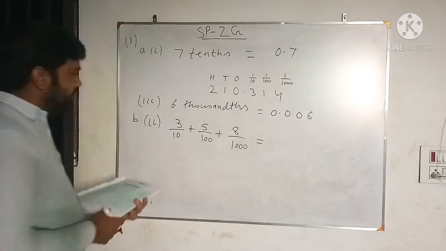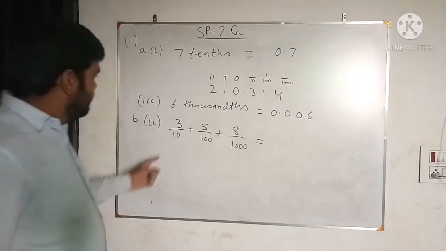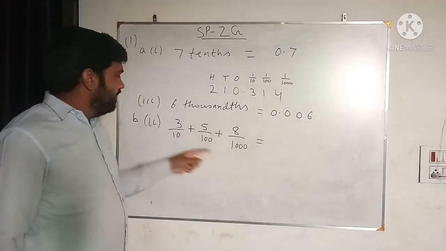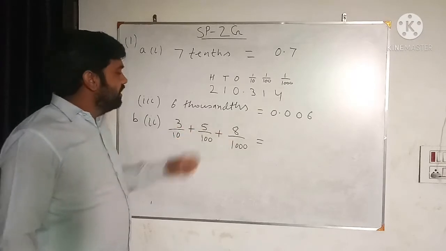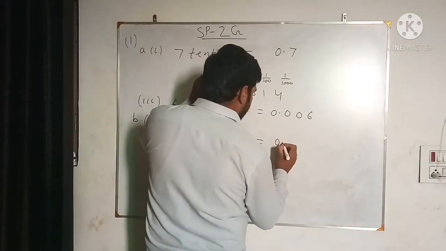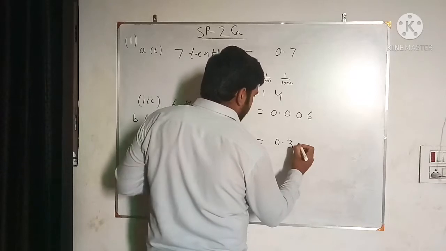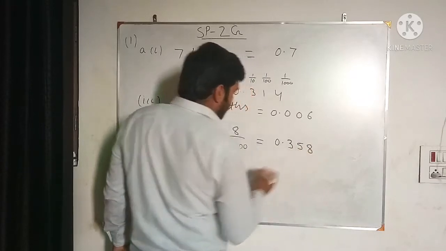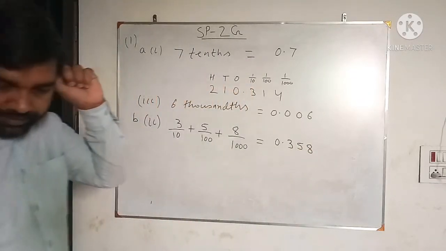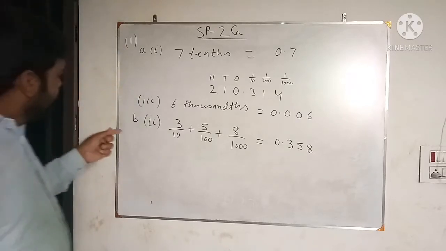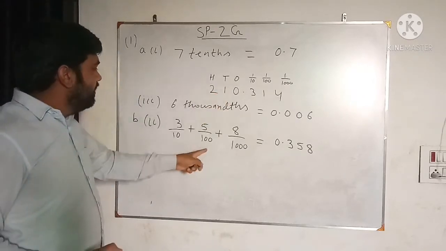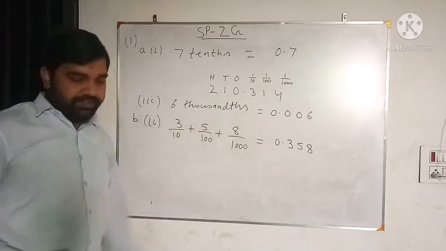So how can we write this as a decimal? 0.358, tenth place, hundredth place, thousandth place. Like this we have to write. So 0.358.